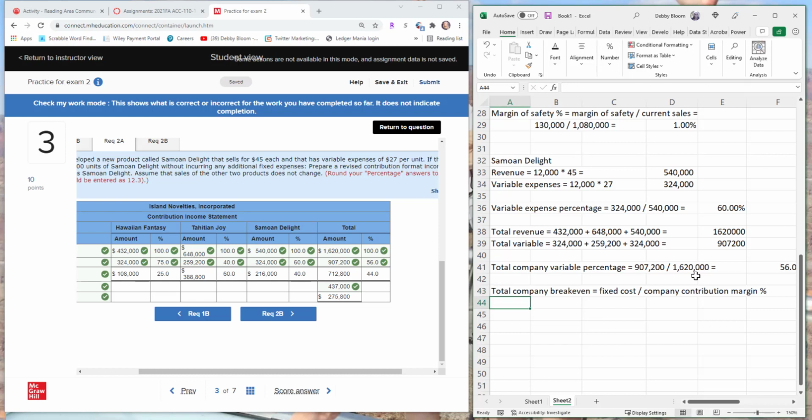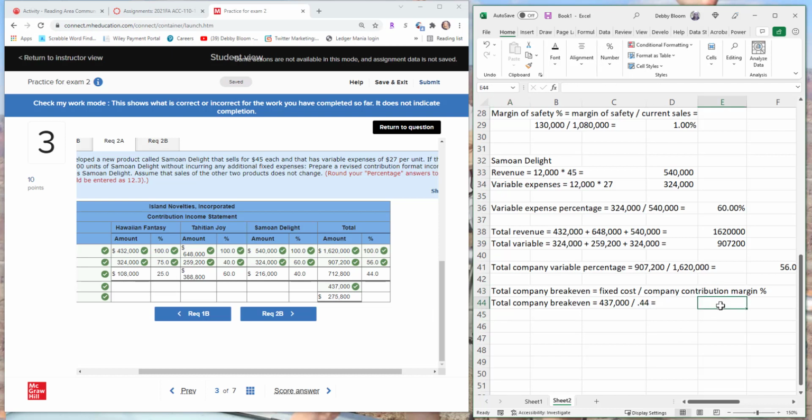So in this case, and this is going to be in dollars, we're just going to take the fixed cost for the total company of $437,000, and we divide it by our company contribution margin percentage, which is this number right here, 44%. So we divide by 0.44.